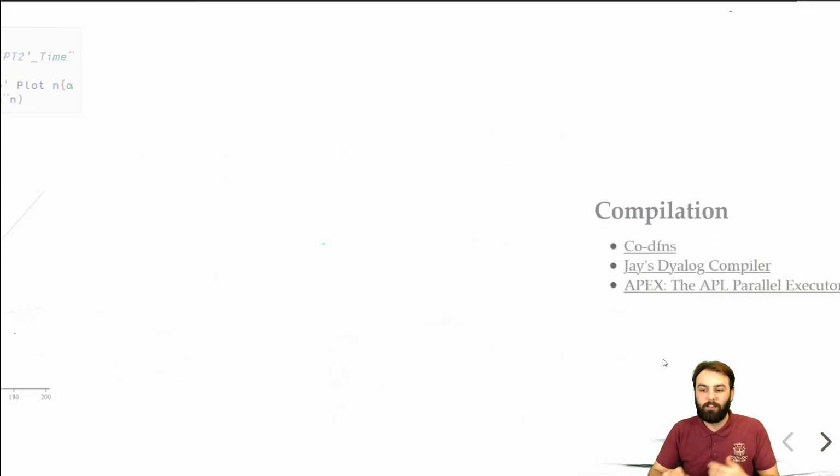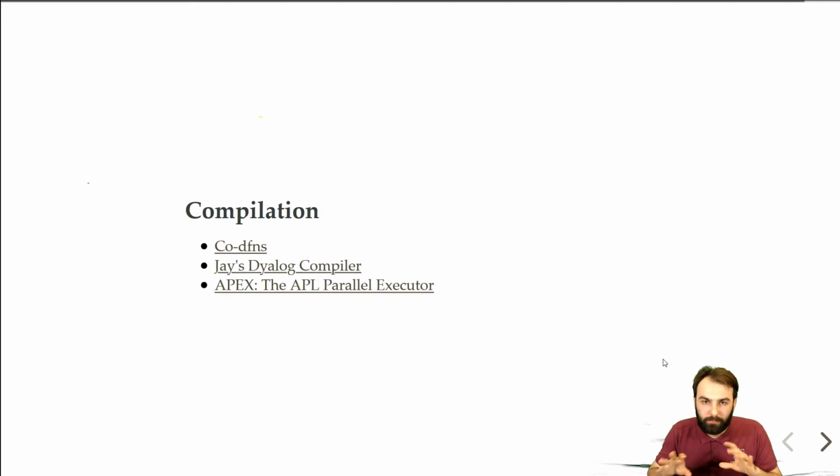So that's a very small taster of that part of analysis of code. There's also, as I mentioned, compiling pieces of code, and there's been research about compiling APL since APL was a thing, but I think the modern consensus is you want to have mostly interpreted APL with certain parts of your code compiled, and that's been the focus of these three projects.